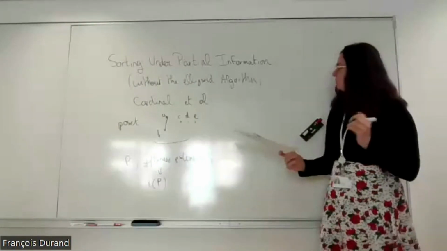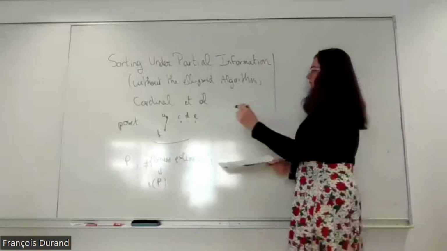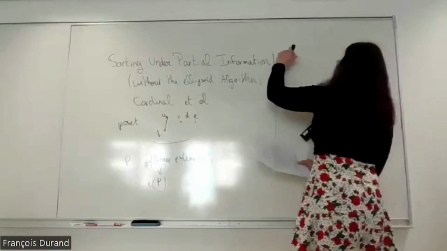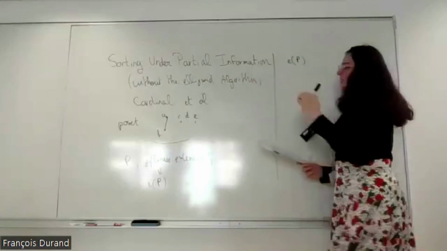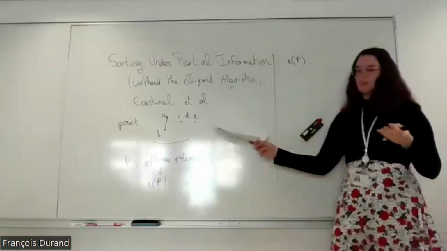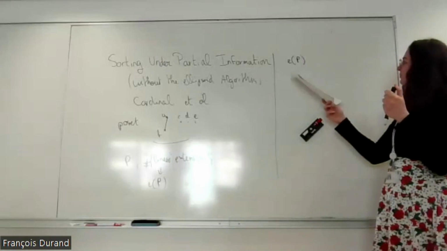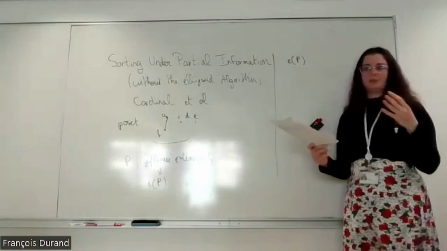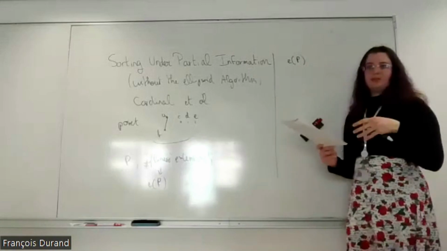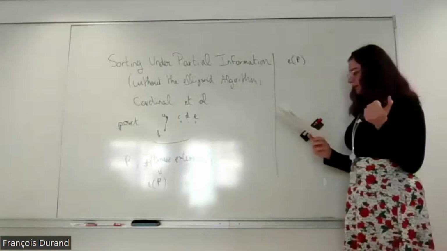So when you have sorting under partial information, you know that you need to do at most E of P operations, because one algorithm could be to test every possible compatible linear extension and say whether it is the order we want.